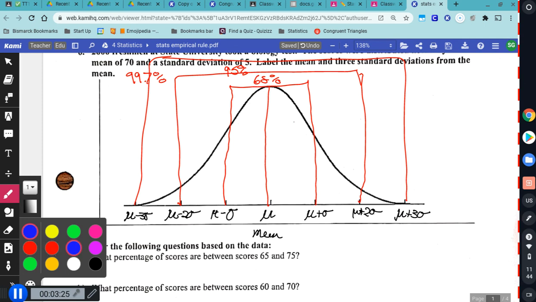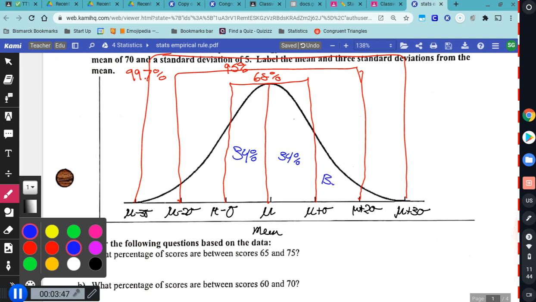Well, it's 68 split. So it's 34% here and 34% here. Okay, then what percent is in this section and this section? All right, well, it's 95 split, but we've already used 68% of that, so it comes out to be 13.5%. Same method to find the next two sections.